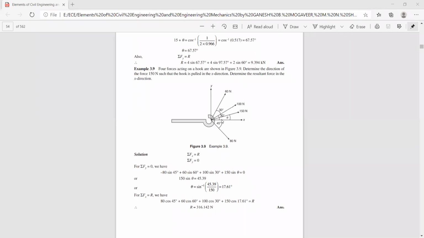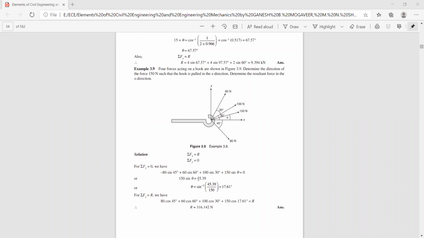Always be careful and look out for the angle of the force with respect to the axis. This 100 Newton force makes an angle of 30, hence its vertical component is 100 sin 30, plus 150 sin theta. This should be equal to 0.